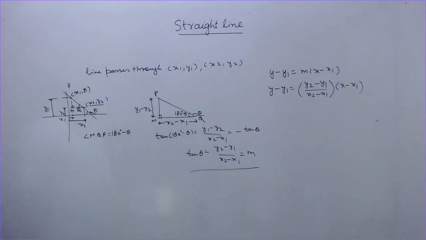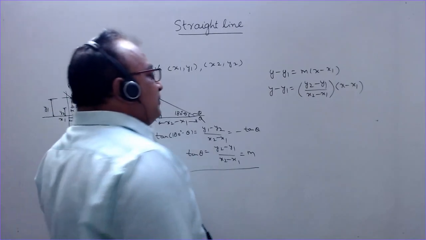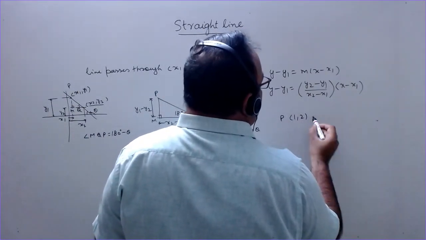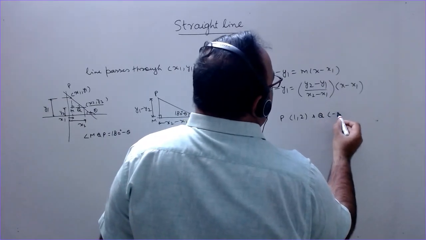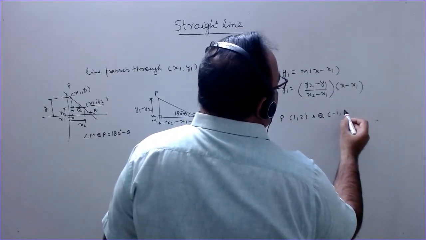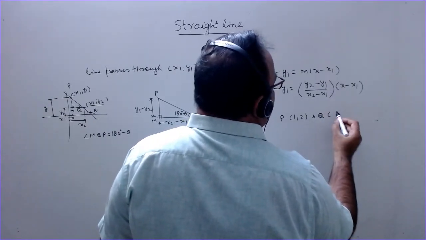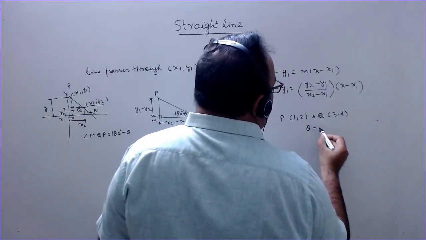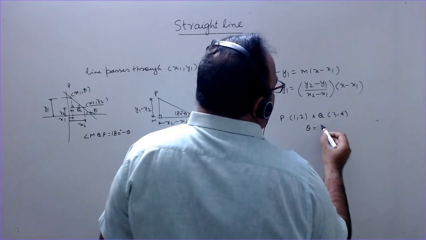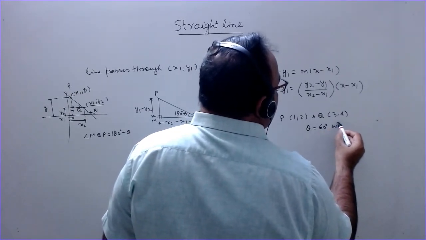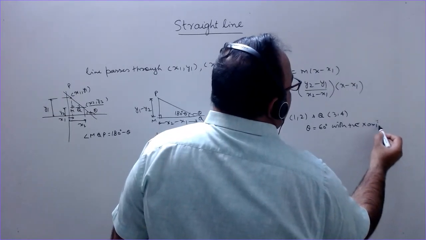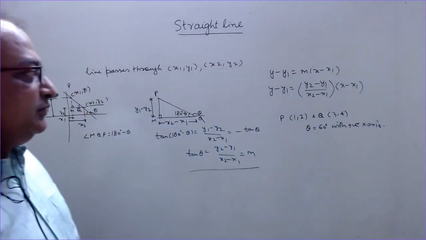Let us take an example. A line is passing through 2 points P 1 and 2 and point Q 3 and 4, and you have to find the equation of the straight line.